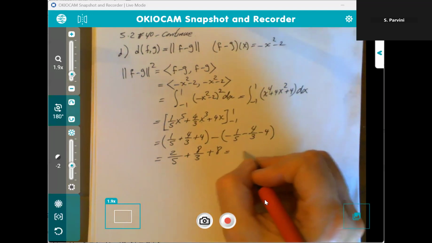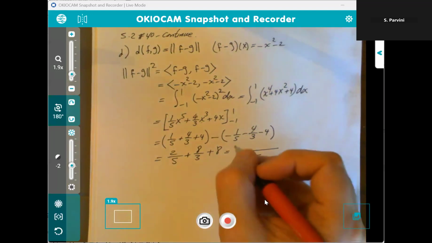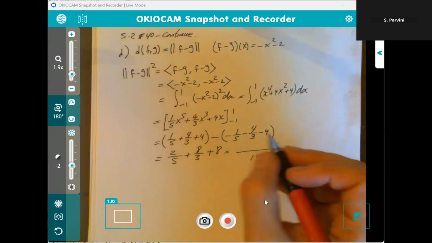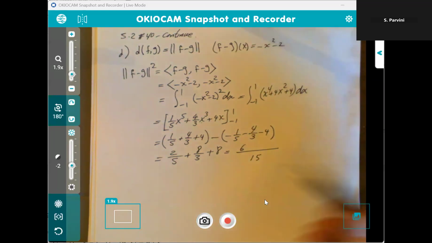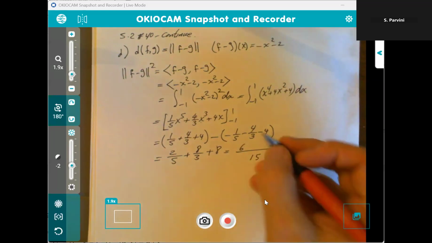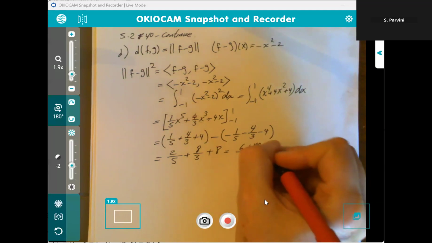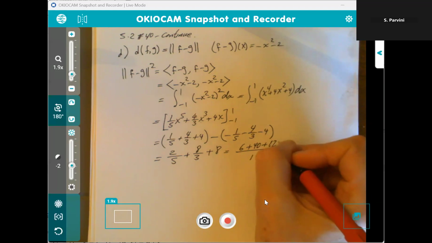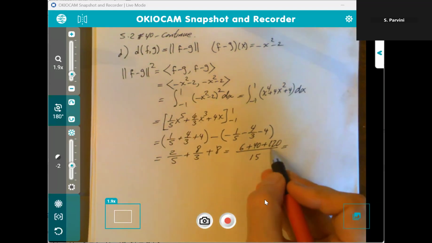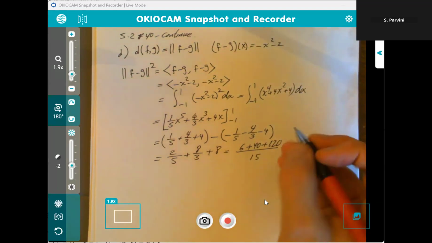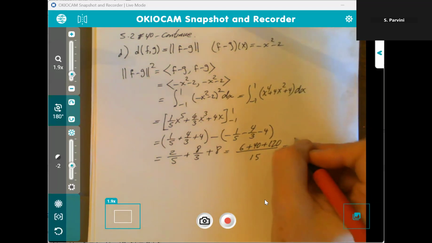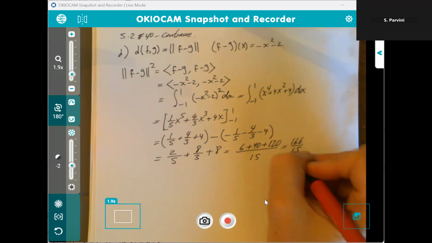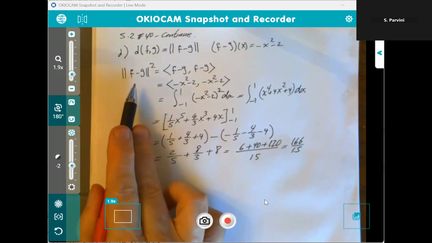And combine these. Here's the LCD. Top and bottom of the first fraction multiplied by 3 makes that 6. Top and bottom of the second fraction multiplied by 5 gives 40. Top and bottom of 8 multiplied by 15, we get 120. Again, that's 166 over 15. But that's the magnitude squared.